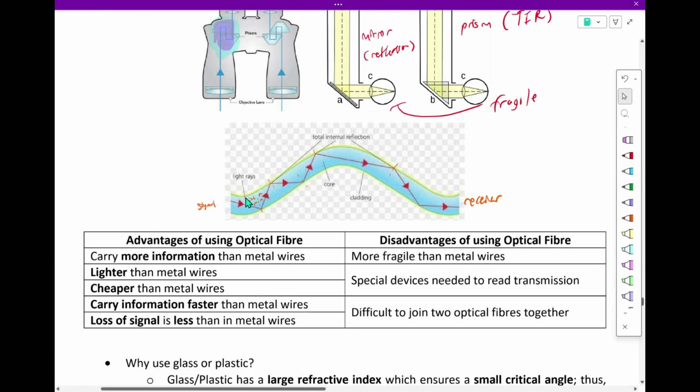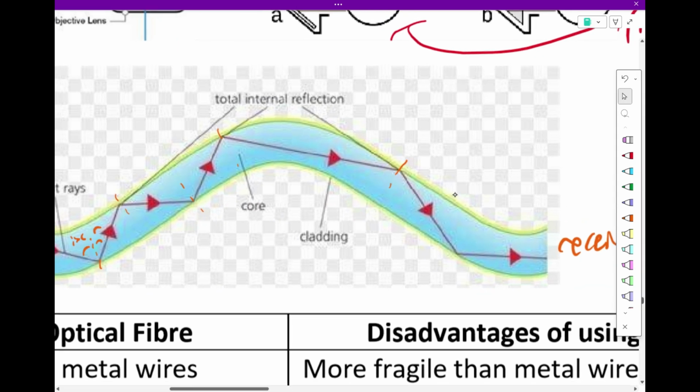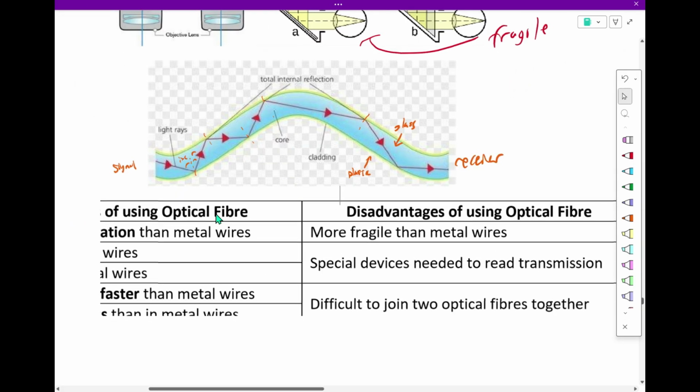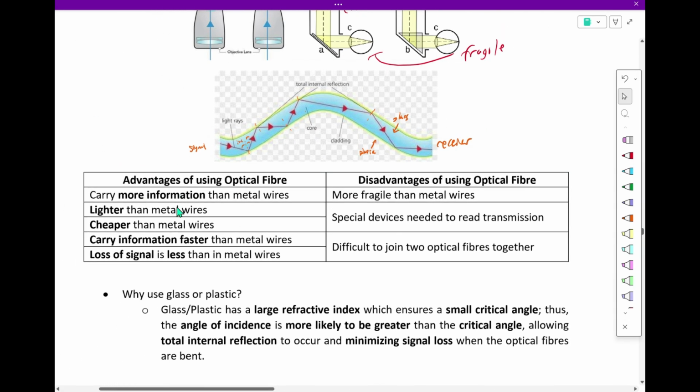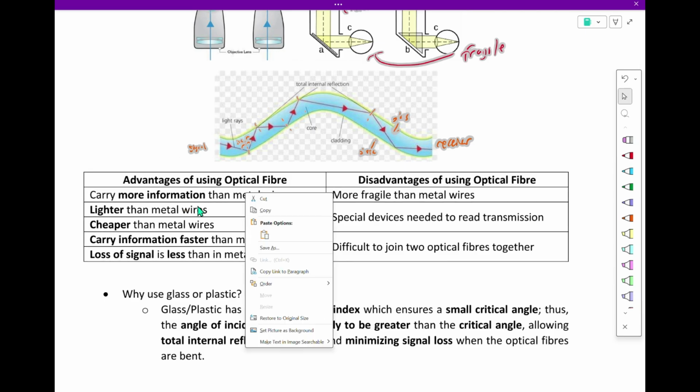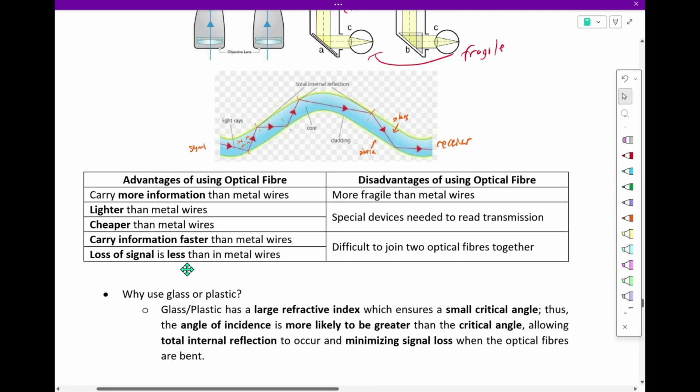And even if you move it in glass, if you notice, we are using glass. So inside here, this is glass, and the outside here maybe is plastic. Okay, so basically why we use glass and plastic is so that we have total internal reflection. So therefore you can actually carry more information. It is lighter as well, because compared to metals, plastic and glass are definitely lighter and cheaper as well.